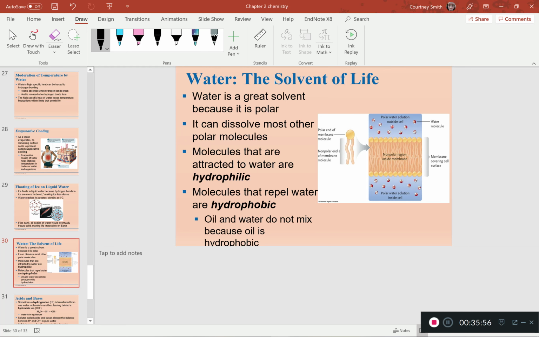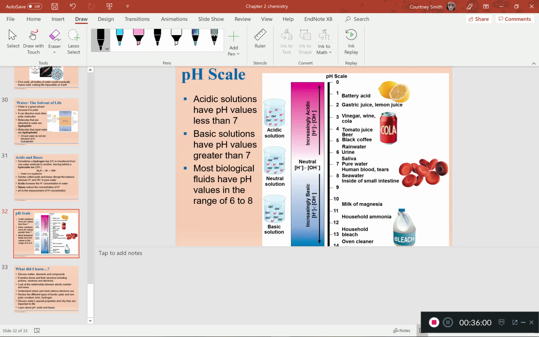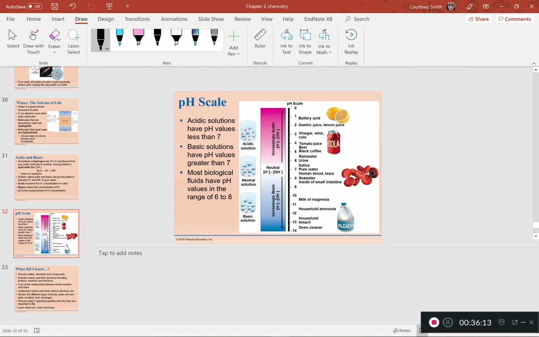Okay, so one last thing for this chapter is the pH scale and acids and bases. If you are acidic, you are roughly 1 to 6 in range. Water is considered neutral, so the 7, and then 8 to 14 is basic.